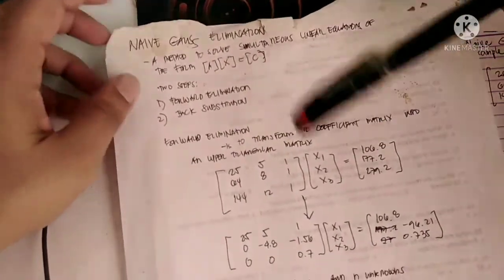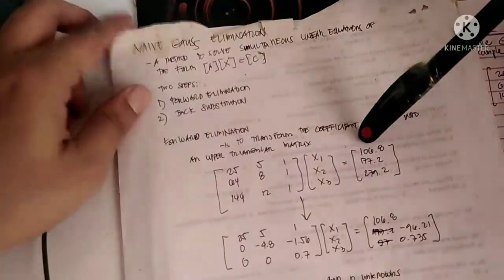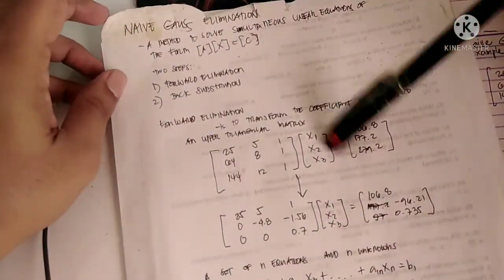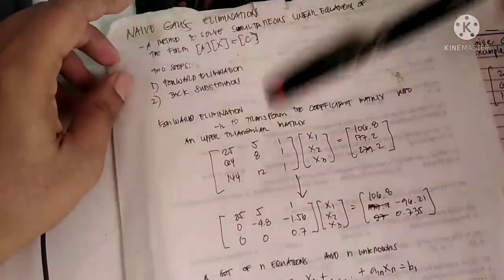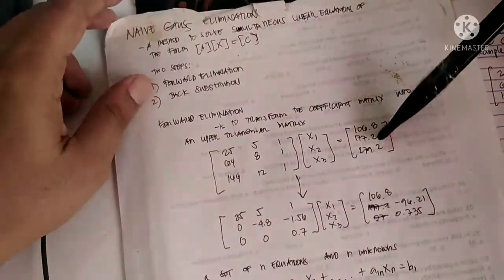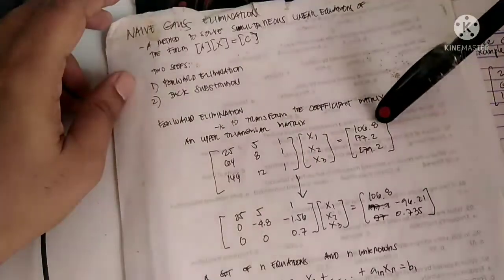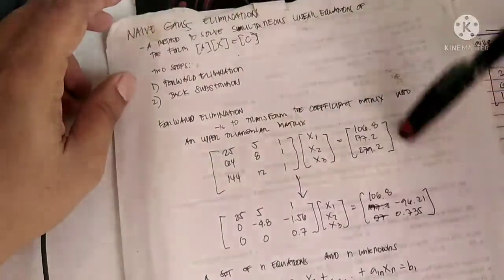For example, if we have a system of linear equations with three unknowns, this is the coefficient matrix, the unknowns, and the constant matrix.